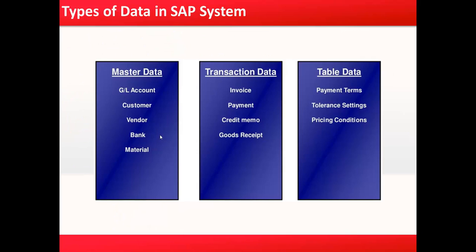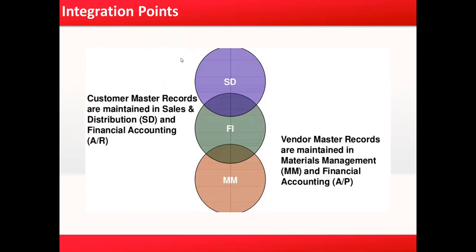Here we can see master data for sales and distribution, finance and material management. Customer master records are maintained in sales and distribution and financial accounting, but vendor master records are maintained in material management and financial accounting. Here you can see an integration point.